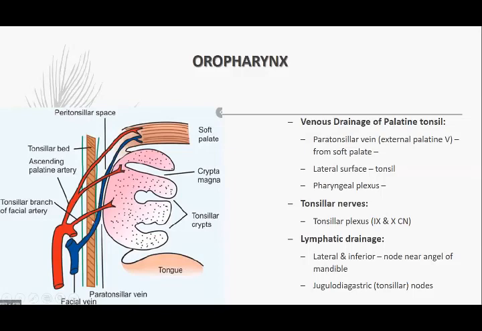The pharyngeal plexus is simply a plexus of veins on the outside of the pharyngeal wall. The tonsillar nerves form a tonsillar plexus. The contribution to the tonsillar plexus comes from the vagus nerve and the glossopharyngeal nerve, that is the 9th and 10th cranial nerves.